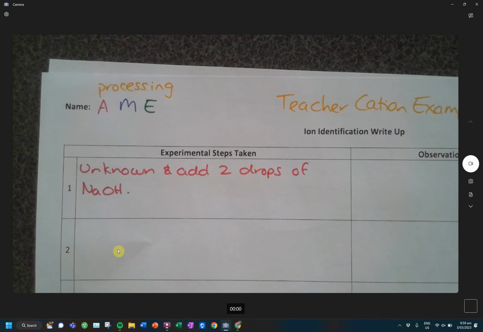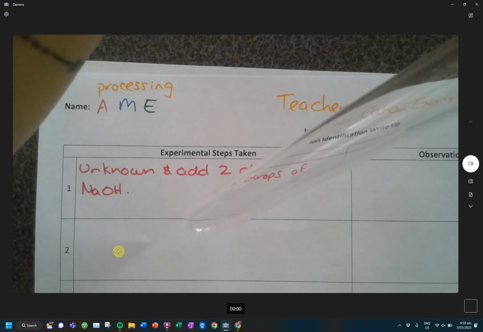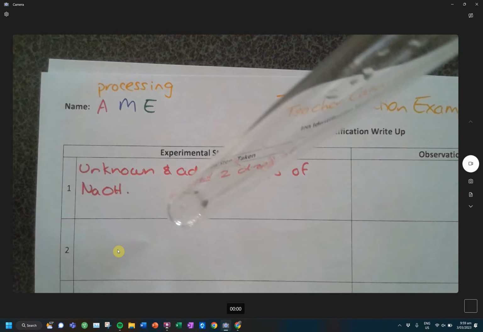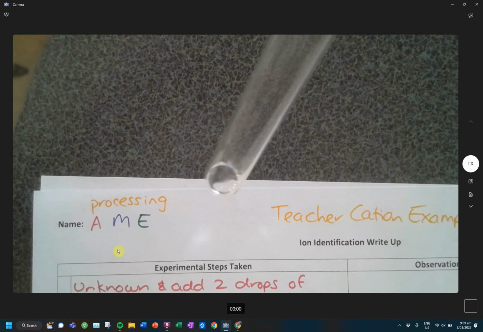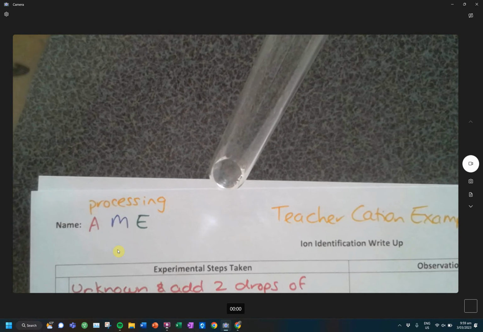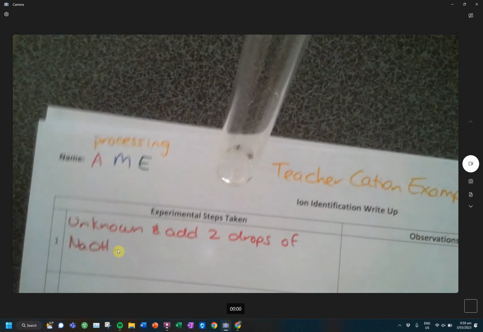I am grabbing the unknown that I want us to identify today for my example. Now the trick with a lot of this is getting the right ratios when it comes to those ions, so I suggest double and triple check if you're not sure. There's a lot of tricky ones that are white precipitates that look very similar to each other, so it's worth double checking. So that's my unknown solution.